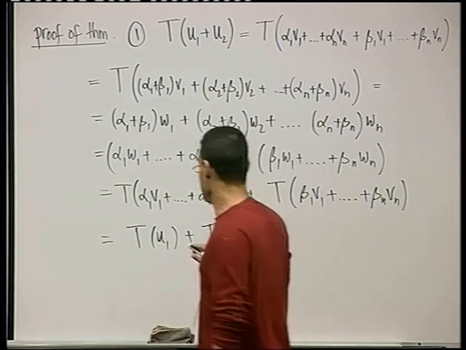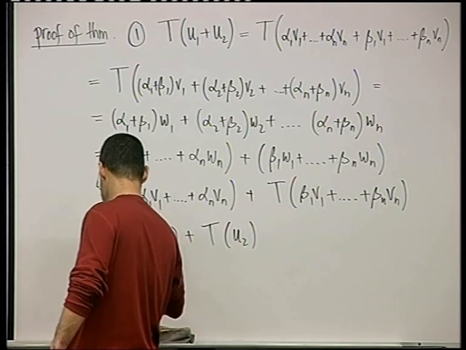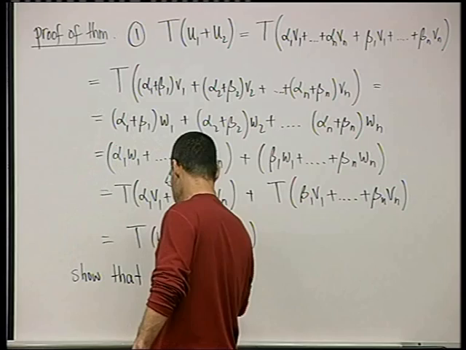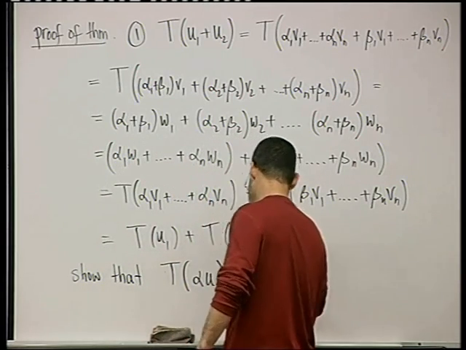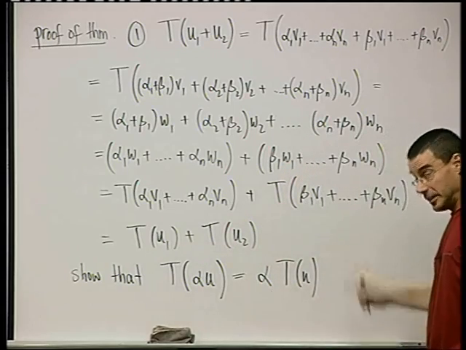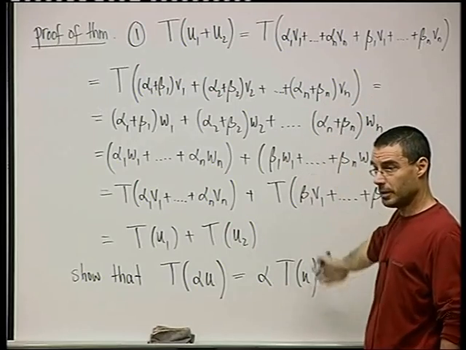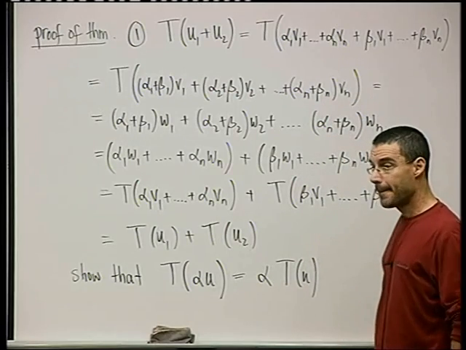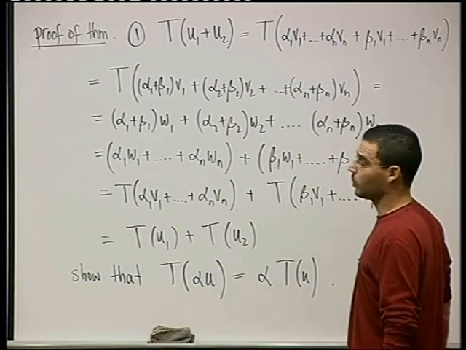Okay, so show that T of alpha u equals alpha T of u. That's the second part of being linear. Very similar manipulations like this show it. Okay? So that proves part one.